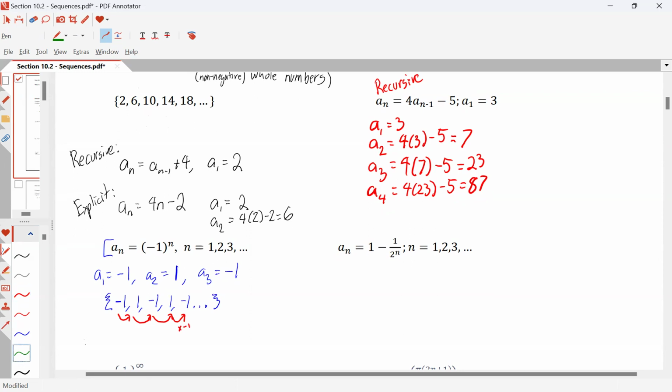So the recursive formula for this would be a sub n equals my previous term times -1, or it's the negative of a sub n minus 1, where my first term is -1.